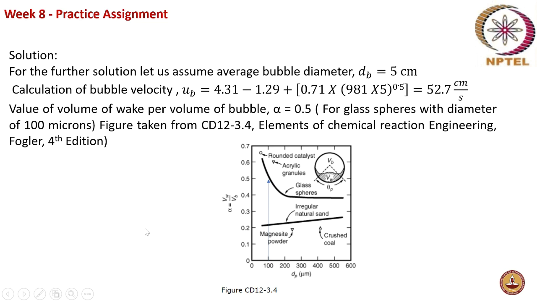In this case we take it as glass spheres, and they have given the diameter of the glass spheres as 100 microns. For that, if we draw a straight line for glass spheres, we find that the value of alpha is closer to 0.5. So we assume the value of alpha to be 0.5.